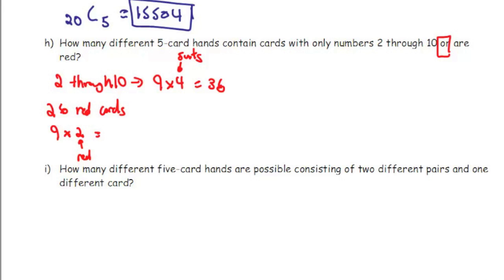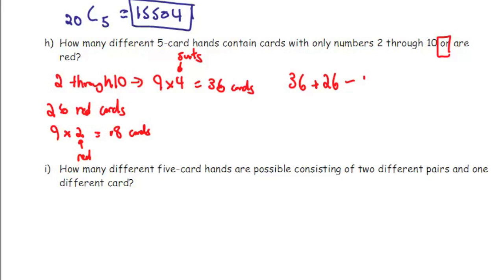And the answer is we have to subtract the number of cards that are 2 through 10 and are red. So we know that there's 9 2-through-10s times 2 suits that are red, and that's equal to 18 cards. Well, what do you do with it?